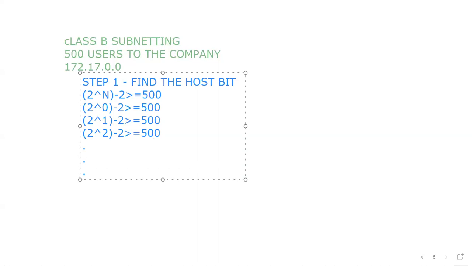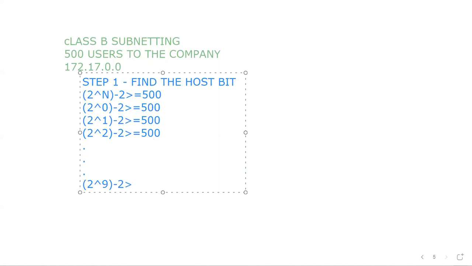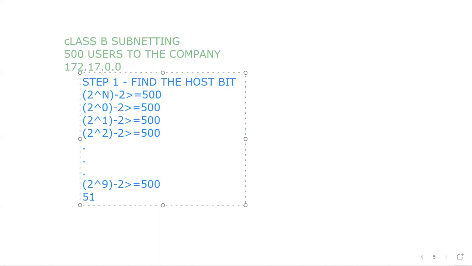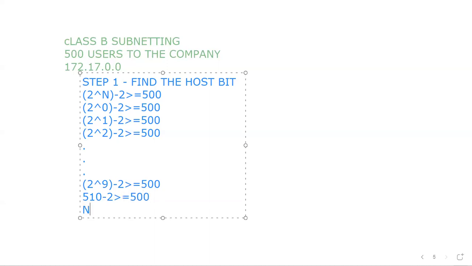Now I'm putting the value 2 to the power 9 minus 2 is greater than or equal to 500. So it comes to 510, which is greater than or equal to 500, right? So the value of n is equal to 9.